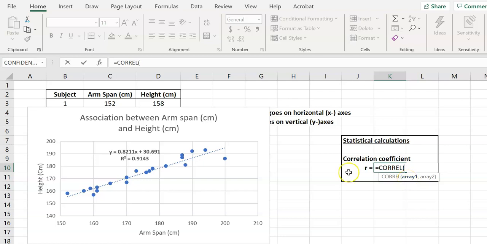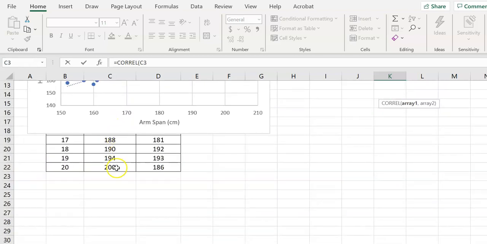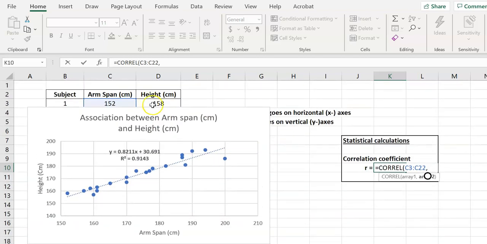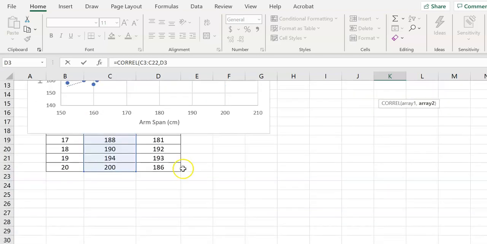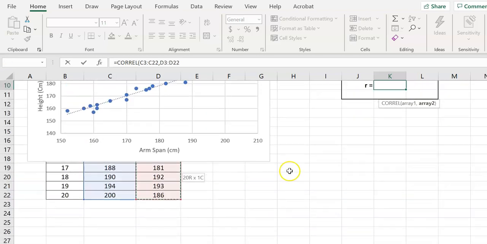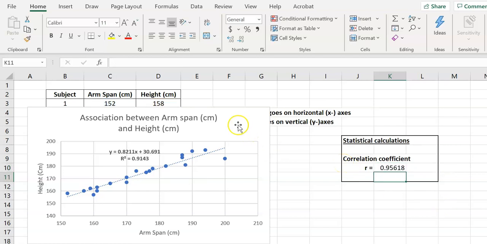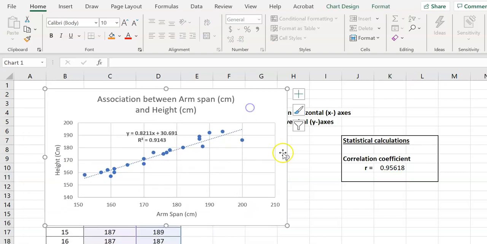That's just our set of data. So we want our explanatory variable, so I'm going to press Shift to select that column. Use a comma to then move on to selecting your response variable data. Close your brackets, press enter, and it spits out your correlation coefficient.